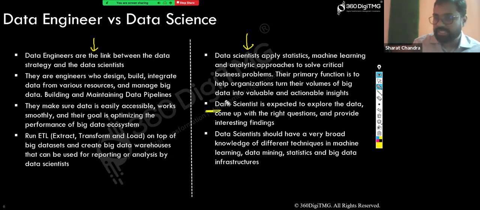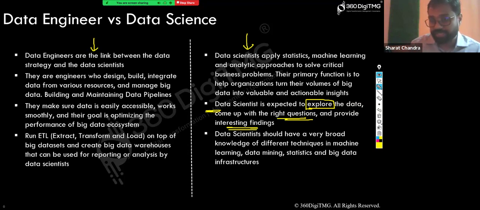These data scientists, as I explained, are expected to explore, dig into the data, try and define various correlations between the data features, which are extracted or gathered as part of the business operations, which could be directly or indirectly impacting the business operations. But we are trying to find out various questions and also trying to find out answers.